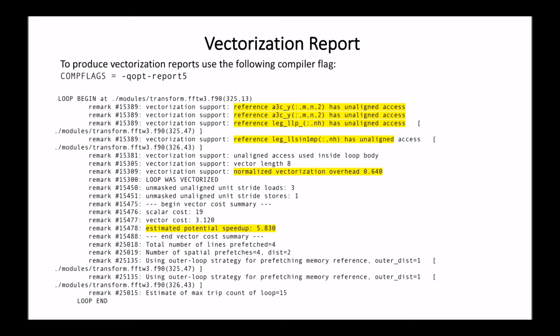We do this by adding to the compiler flags -qopt-report 5. And what this does is when you compile, it will produce a number of files with the extension .optrpt.